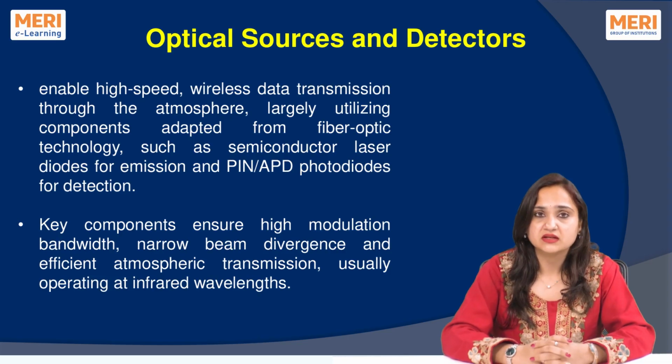FSO systems largely utilize components adapted from fiber optic communication technology. Semiconductor laser diodes are used for emission, while PIN or APD photodiodes are used for detection. These components ensure high modulation bandwidth, narrow beam divergence, and efficient atmospheric transmission.